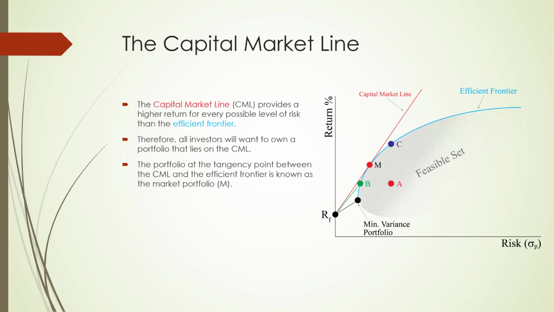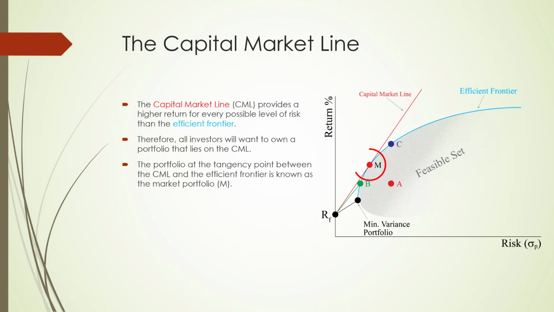Now, that portfolio M that lies at the tangency point of the capital market line and the efficient frontier is a very special portfolio. We call that the market portfolio. So this portfolio M is a collection of all risky assets. Notice that at the risk-free rate, that portfolio there is 100% in the risk-free asset.